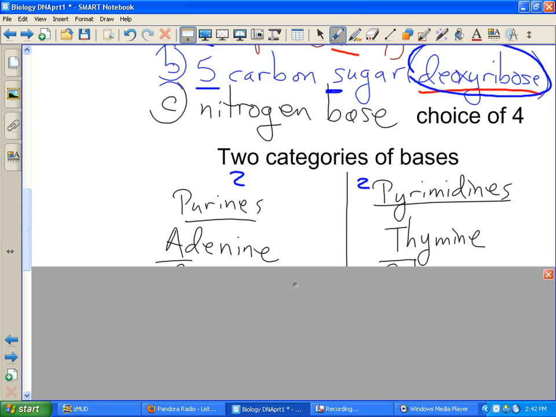The first one is called adenine, or sometimes we just write it the letter A. And its equivalent on the pyrimidine side is thymine, which starts with the letter T.